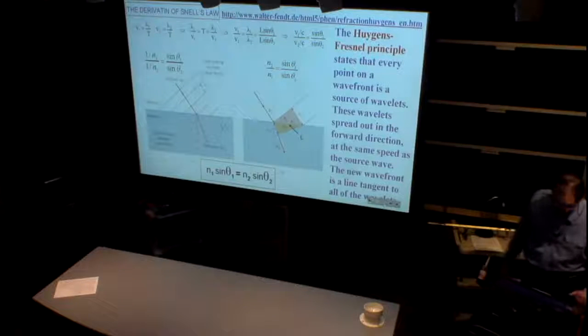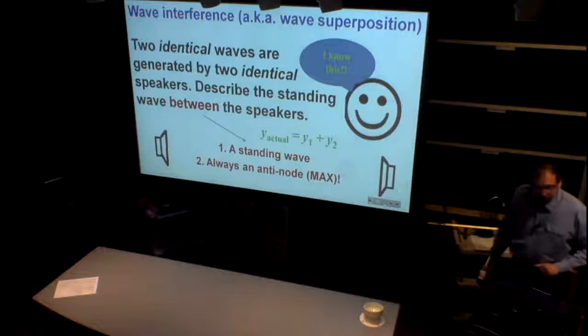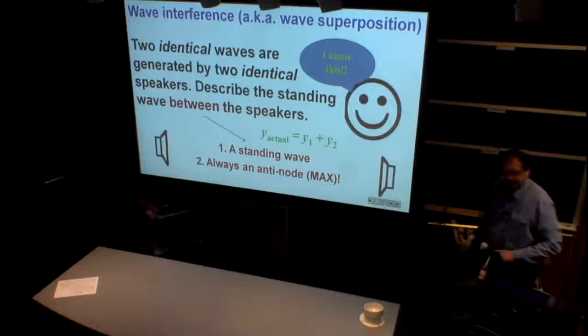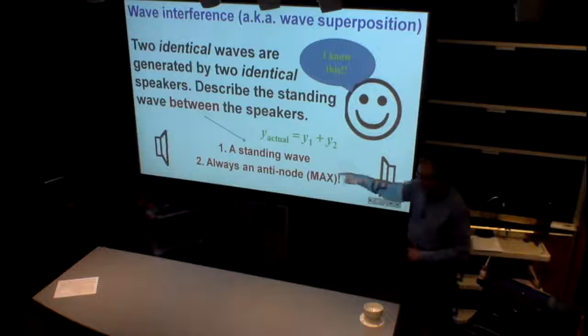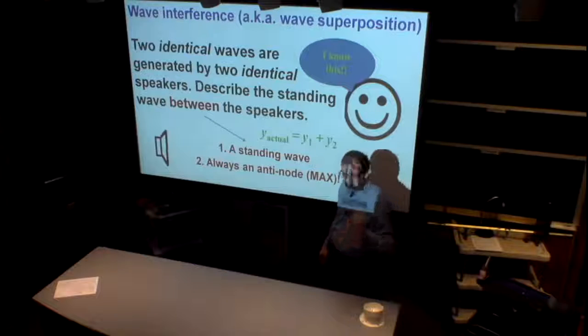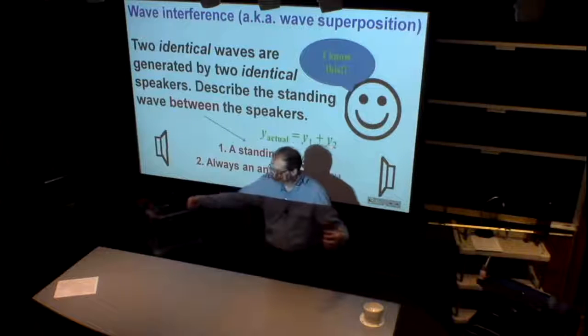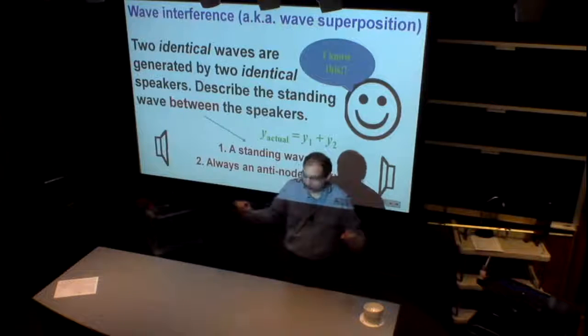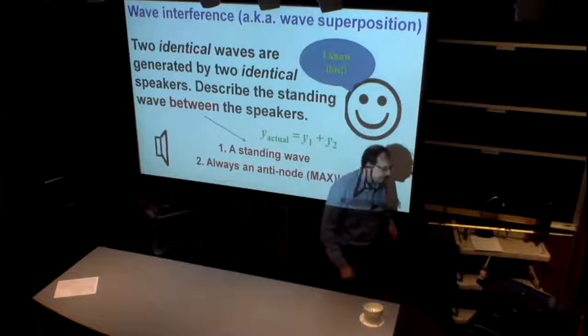Done. Pretty neat. What else do we know about waves? They interfere. Remember, if we have two sources, we can generate a standing wave under certain circumstances if we fiddle with speed, frequency, distance.